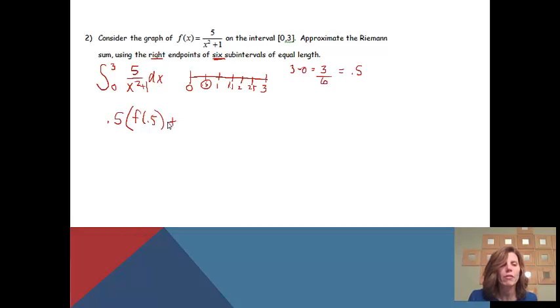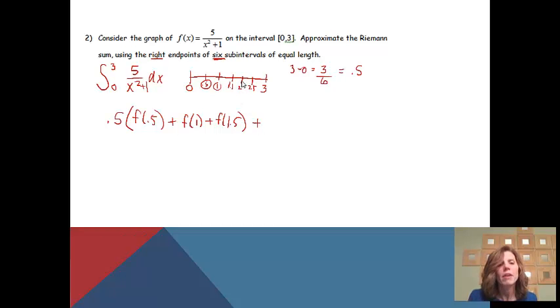And then I'm going to have plus f of, this time my second rectangle is going to go from 0.5 to 1. And the number on the right side of that rectangle is x equals 1, so I'm going to find f of 1. And then plus, my next rectangle goes from 1 to 1.5. The number on the right side of this interval would be 1.5, so to get the height, we'll find the y value at that spot.